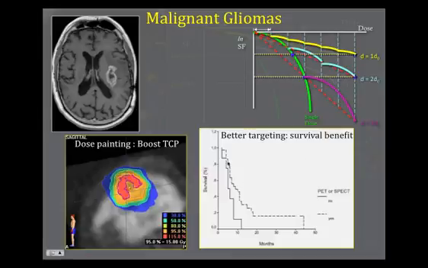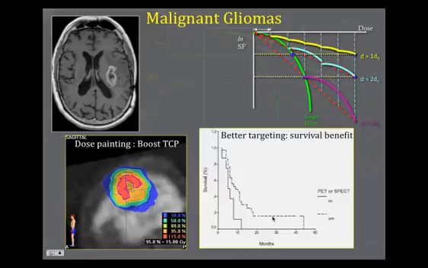So this paper from Dr. Grosu, a small retrospective series, actually compared irradiation to the same dose in gliomas defined by contrast enhancing plus methionine PET versus just contrast enhancing. And somewhat surprisingly, she did find a survival benefit.